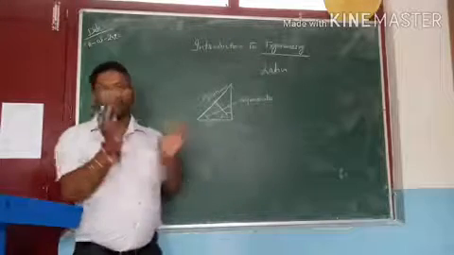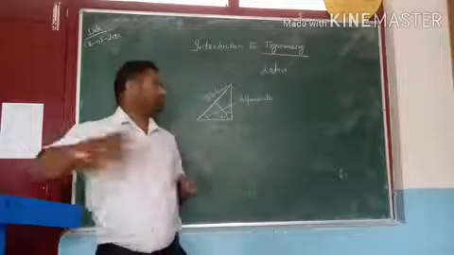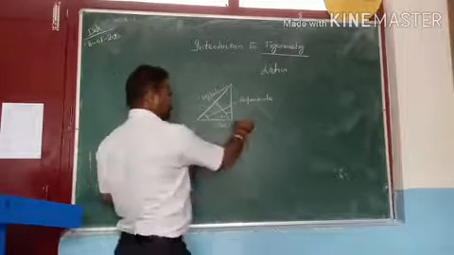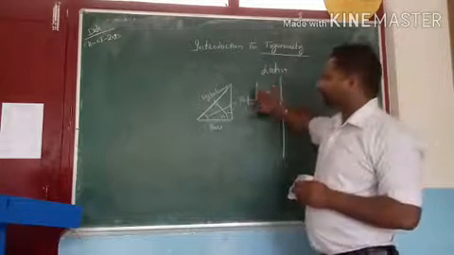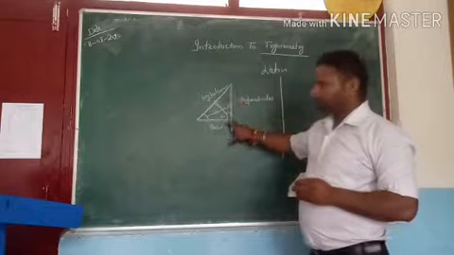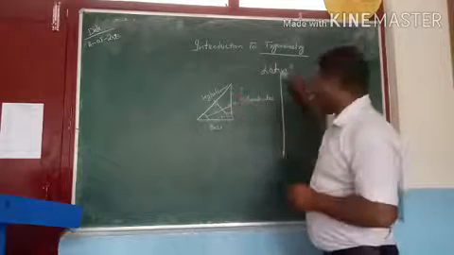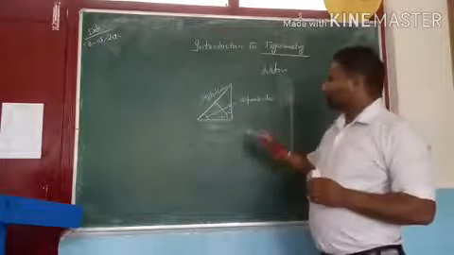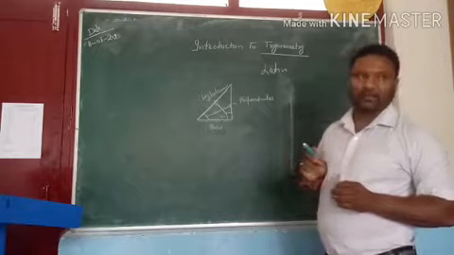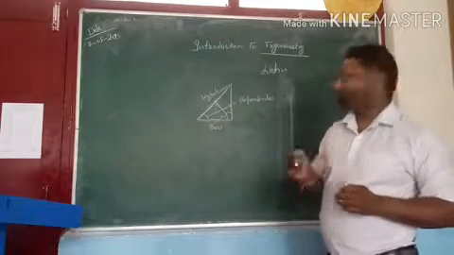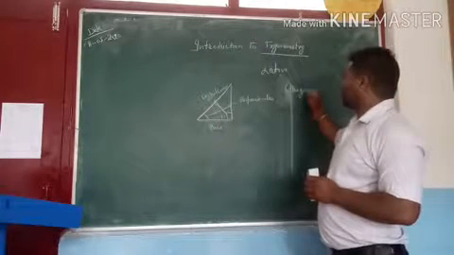So what are we studying here? We are studying trigonometric ratios. There are six ratios, which we will discuss later on. But before that, we know that in a right triangle there is a 90-degree angle, and the rest of the angles are acute angles. We also know that if any two sides of a right triangle are given, then we can find the third side with the help of the Pythagoras theorem.